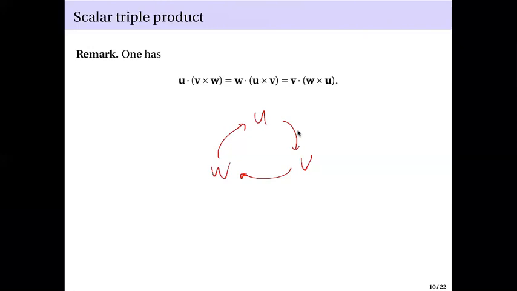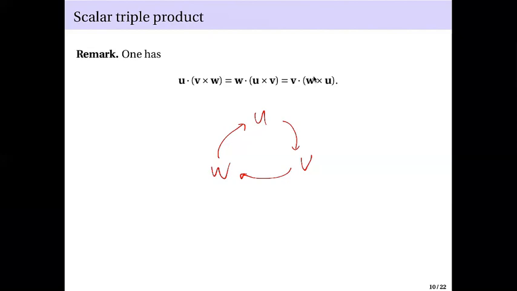So you can look at this rotation here, and you can easily remember this. So that's the scalar triple product.